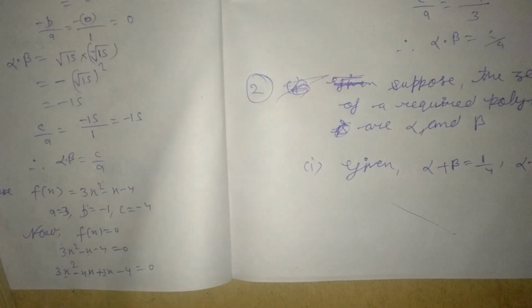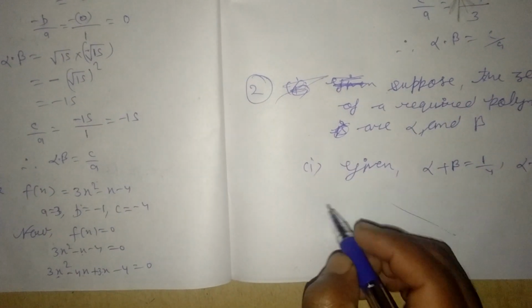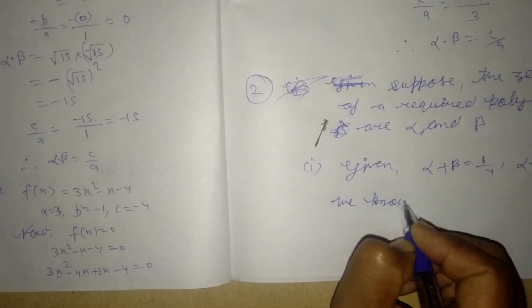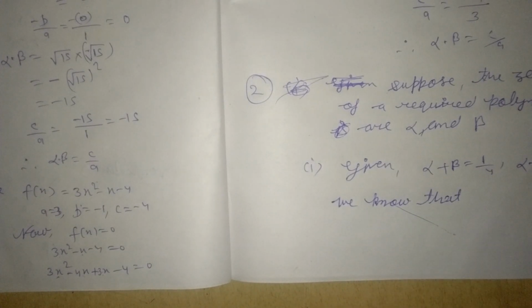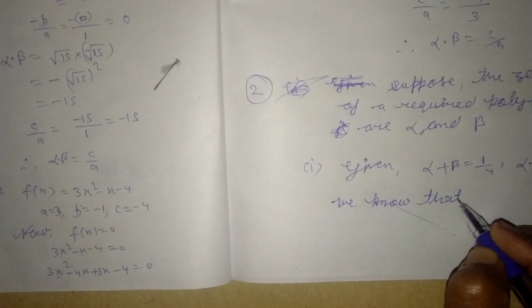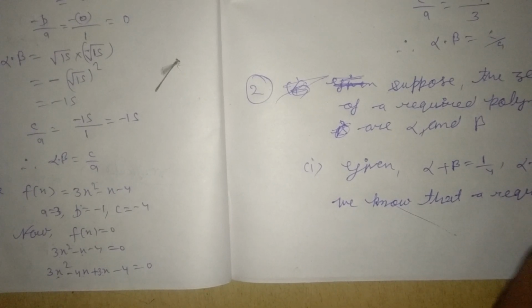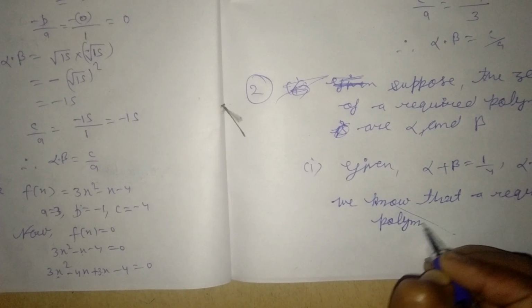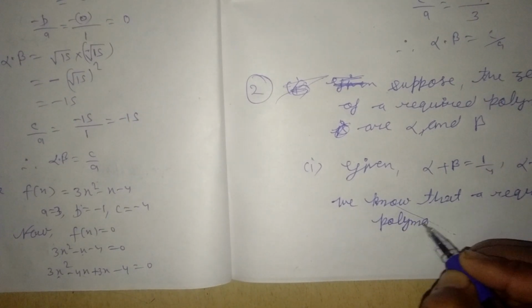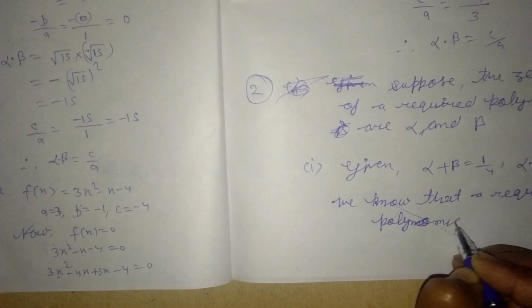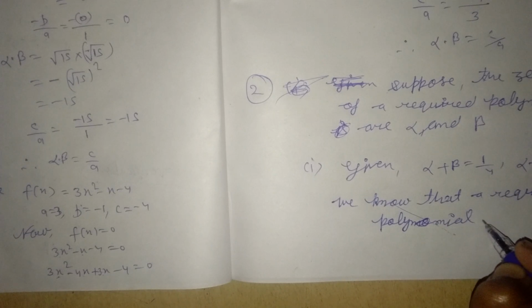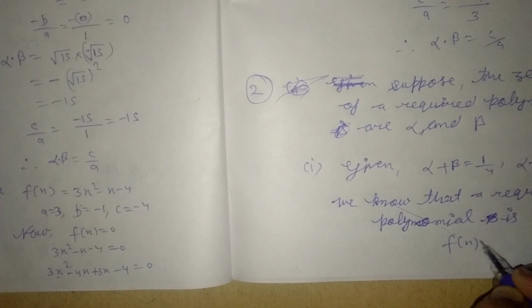So we know that whenever two zeros are given, our required polynomial is f(x) is equal to x square minus (alpha plus beta) x plus alpha beta.